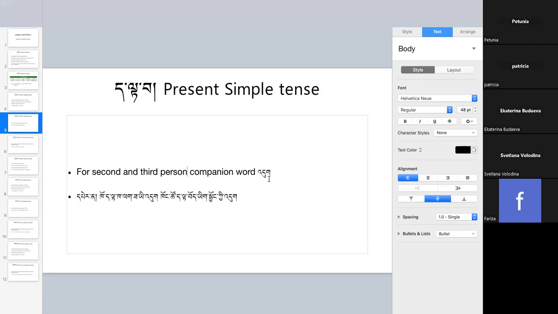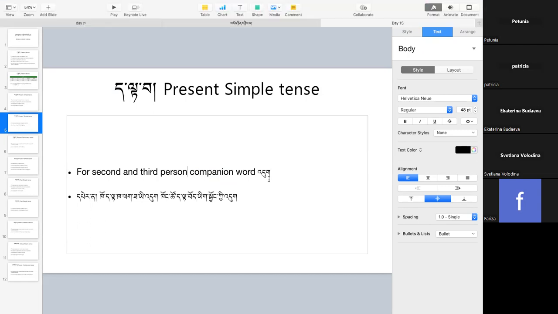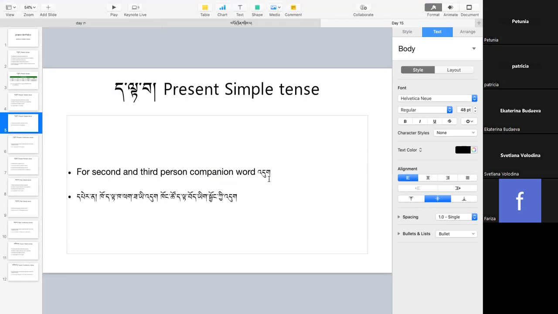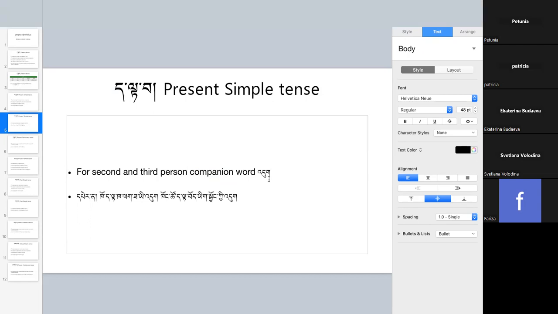So we see that the difference is the companion word. If it is yu, it is the first person. If it's tuk, then it becomes the second and the third person. So cheki yu, ni cheki yu, ku cheki tuk, kong tsu cheki tuk. And the verb here, sa, is the present tense, jong is the present tense. So present tense verb.